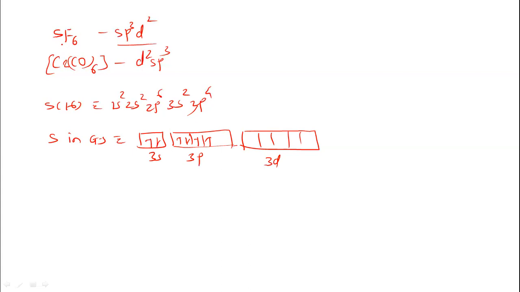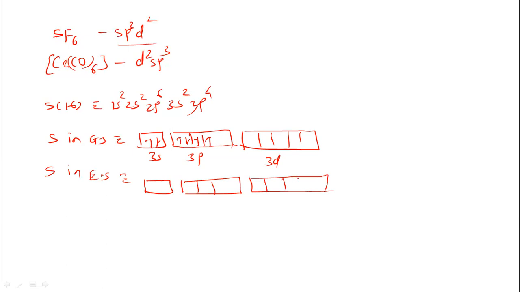Now we know that in sulfur hexafluoride there are 6 sulfur-fluorine bonds, so we require 6 half-filled orbitals. In the excited state, promotion of electrons takes place from the 3s and 3p orbitals to the 3d orbitals.